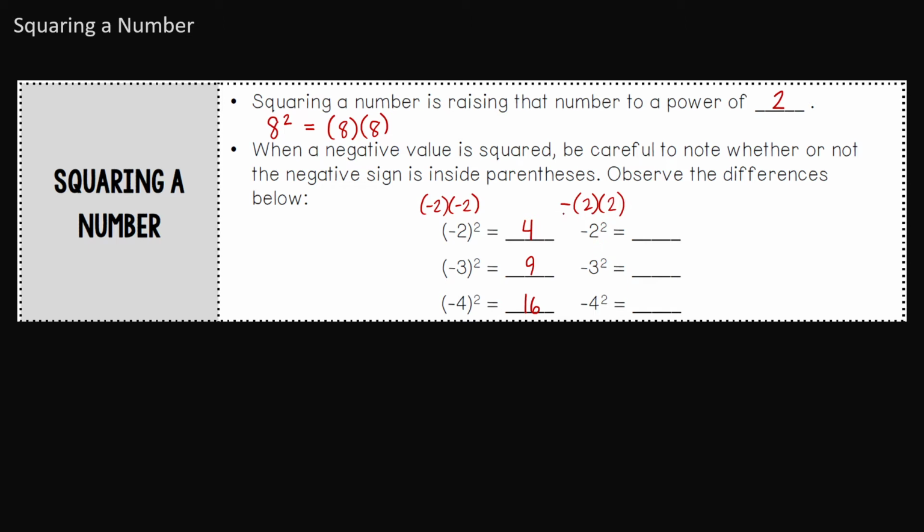So negative 2 squared would be negative 4, because 2 times 2 is positive 4, and then add the negative at the end. Negative 3 squared would be negative 9, and negative 4 squared would be negative 16. Again, very important to note whether the negative sign is inside or outside the parentheses when you multiply.